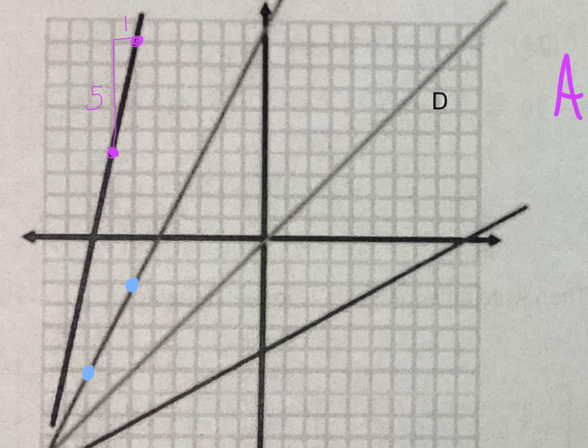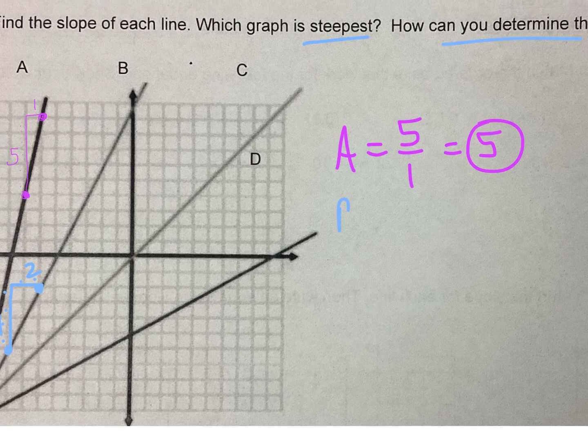It's just kind of fuzzy. All right, let's go with those two. So we're gonna rise and run. 1, 2, 3, 4, rise 4, run 2. So for graph B, 4 over 2, which is a slope of 2, because 4 divided by 2 is 2.